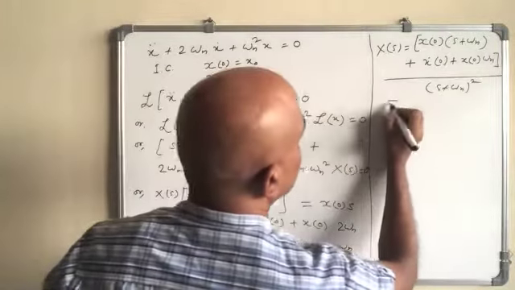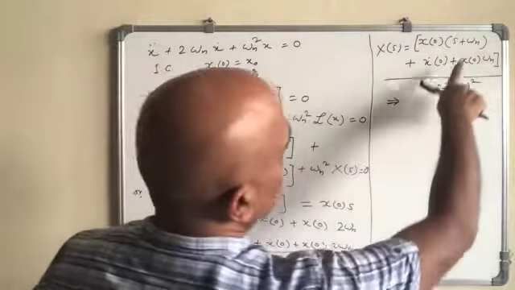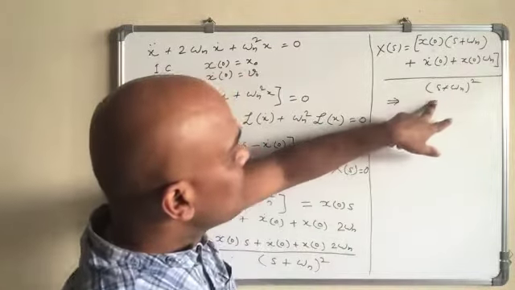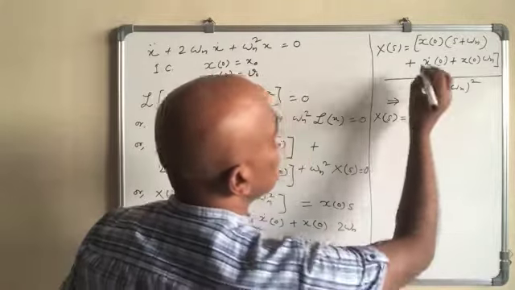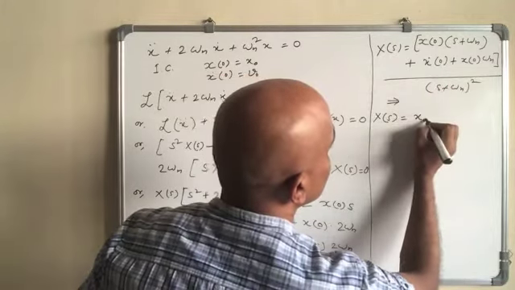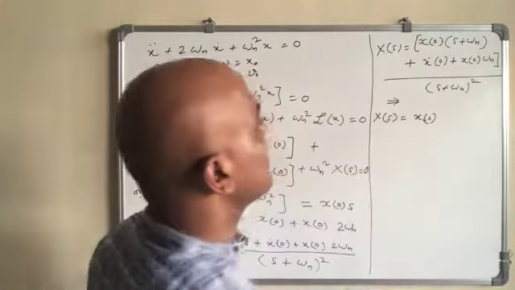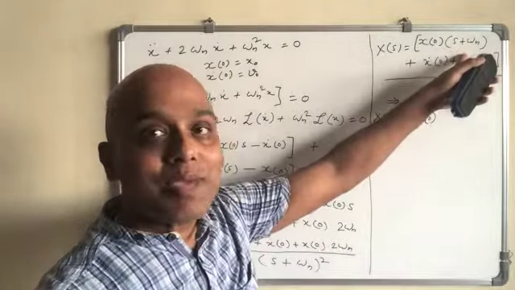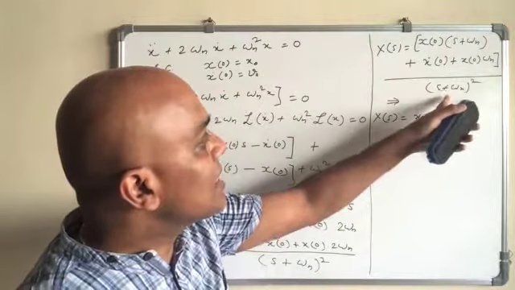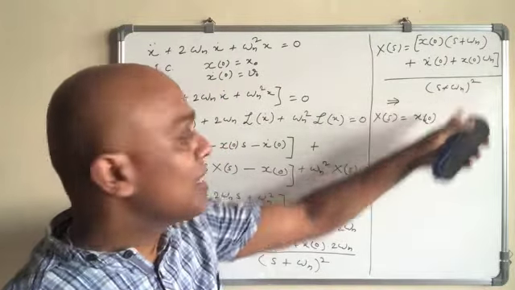So this will be simply X(s) equal to x at t equal to 0 multiplied by (s plus omega_n), divided by (s plus omega_n) squared.